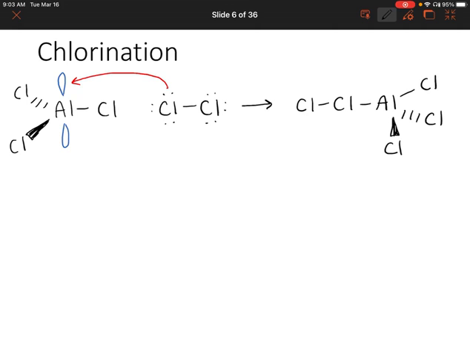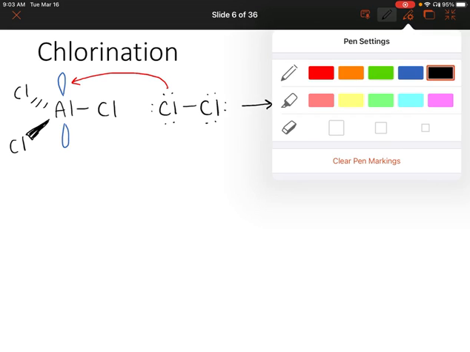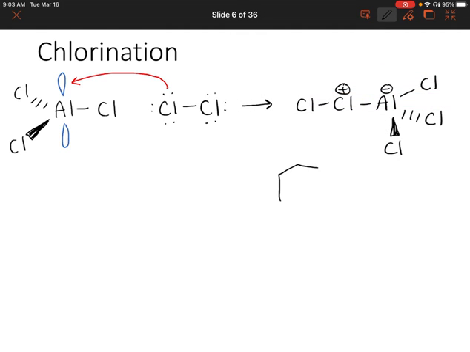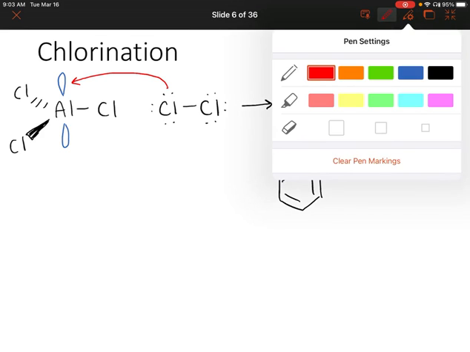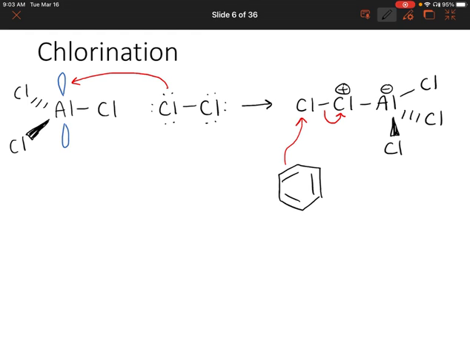So this looks very, very similar to the previous mechanism. All right, so again, benzene will come in and it will attack the chlorine on the end. And we form that arenium ion, or sigma complex.